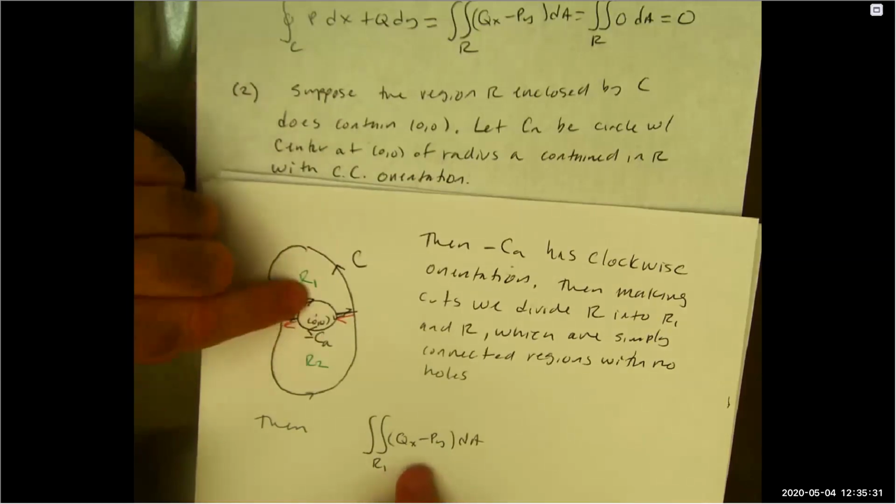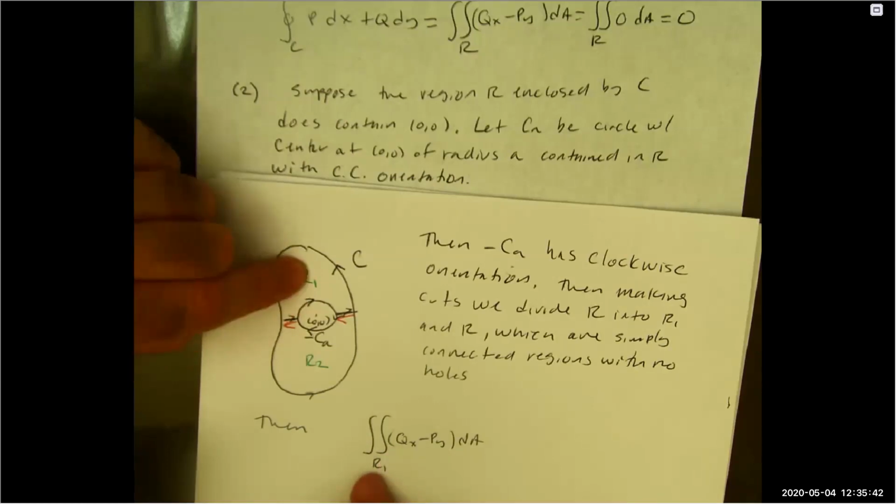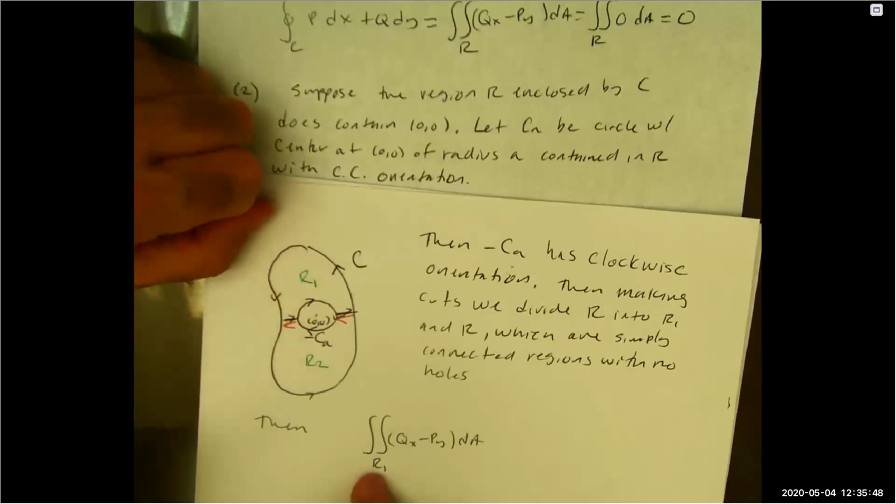And so we can apply Green's theorem and this is just going to be equal to 0. Our partials are going to be continuous on this region because it doesn't include that place where they're undefined. And so this is just going to be equal to 0.